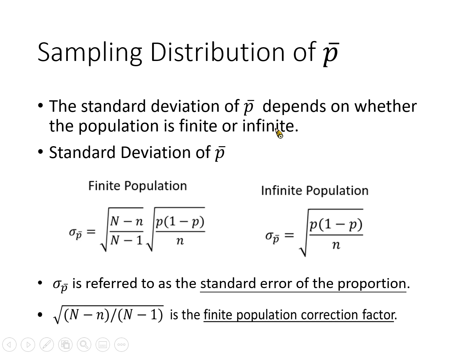When you would like to know the standard deviation of p-bar, your first step is to know whether the population is infinite or finite. Once you know that, you can use the following formula to calculate the standard deviation of p-bar.